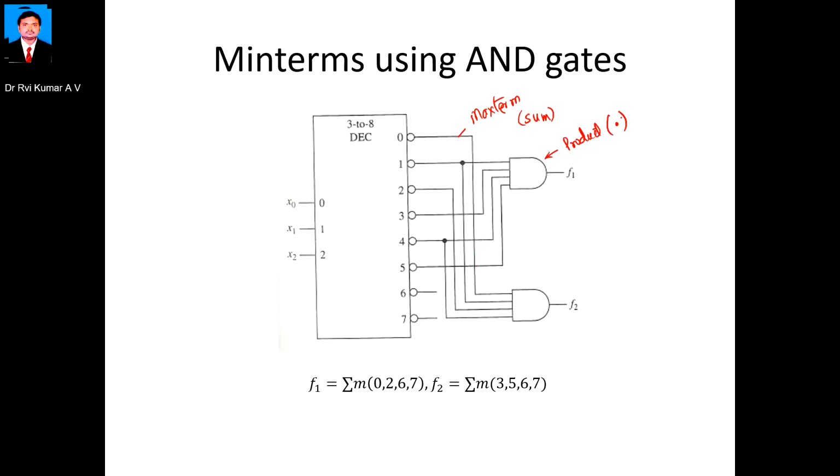So if you want to implement some expression, I can use the AND gate. I am getting sum terms here, all the terms as max-terms, so I need to make a product, that is an SOP. So I am supposed to use the AND gate.